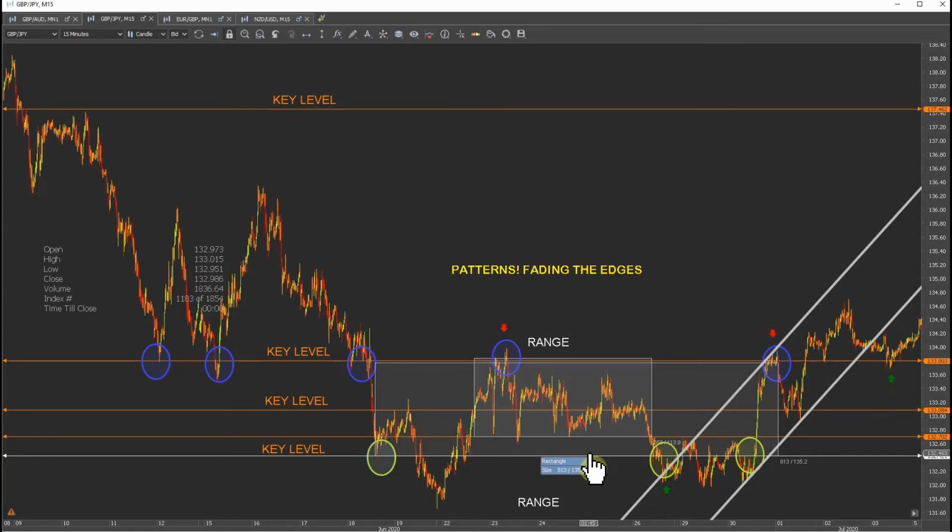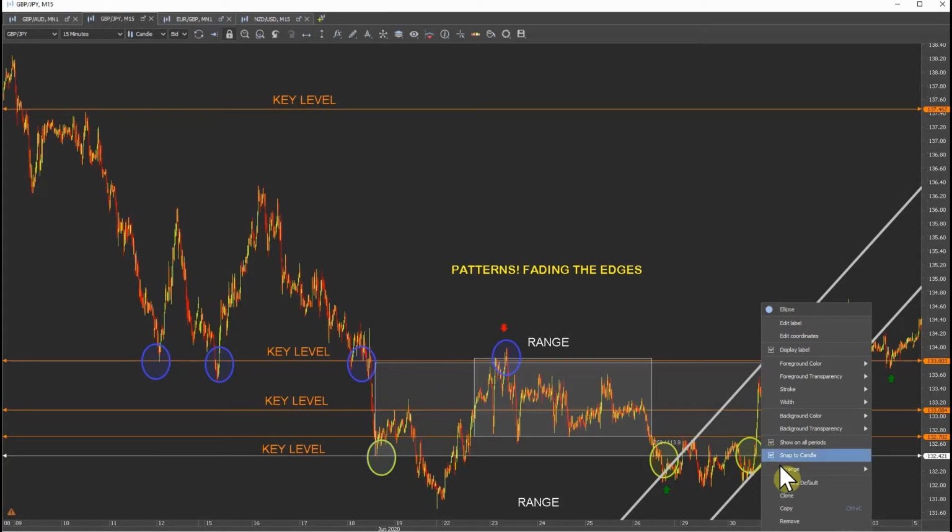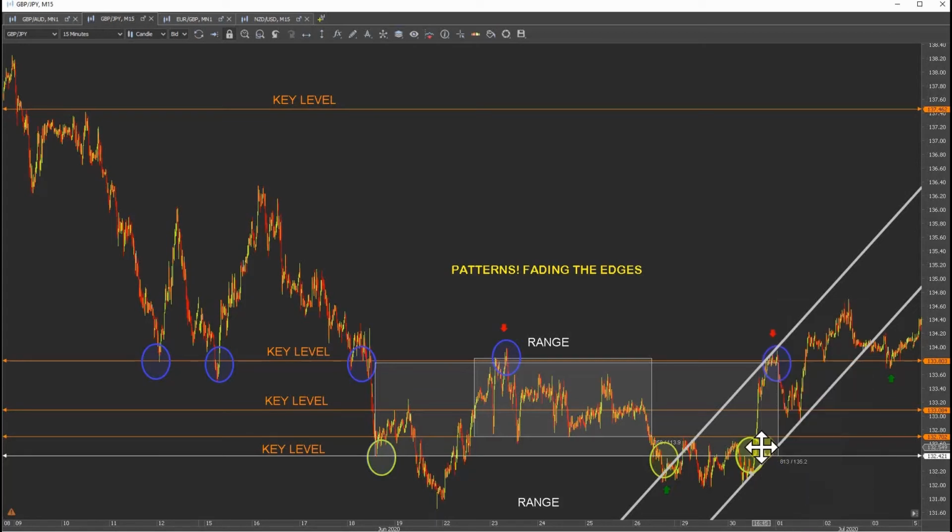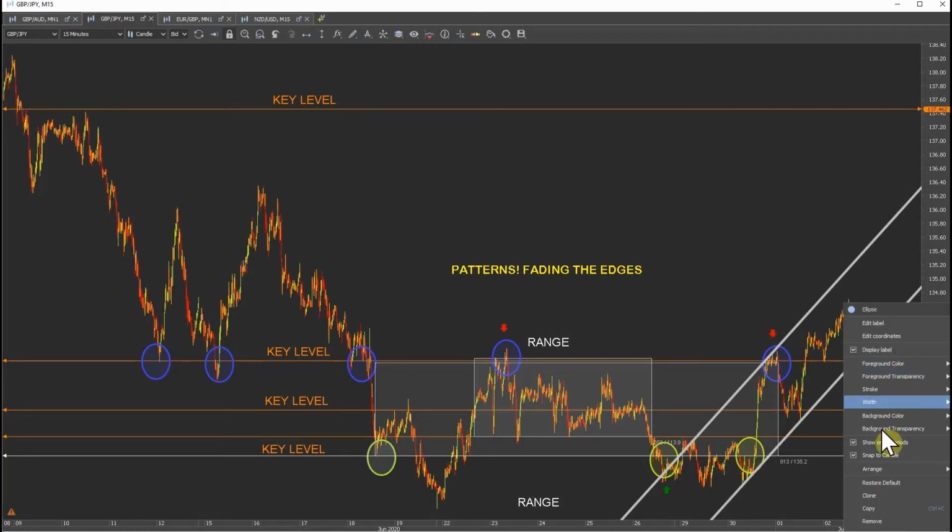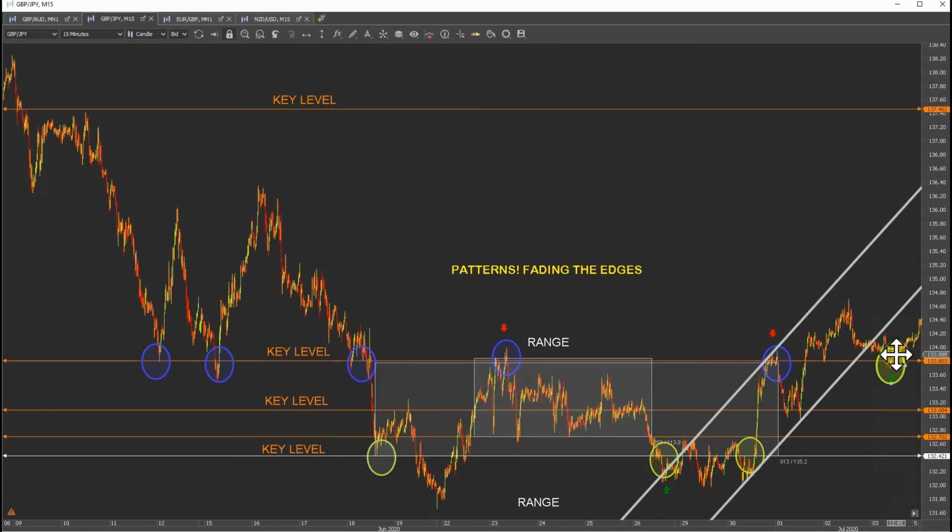We're fading the outer edge of the range, because this is that range and this is the retouch of the range. Okay, so we're bullish here because our bias is bullish. And there you have another fade back to the edge of the range from a breakout of the range, and there's another one there, look.